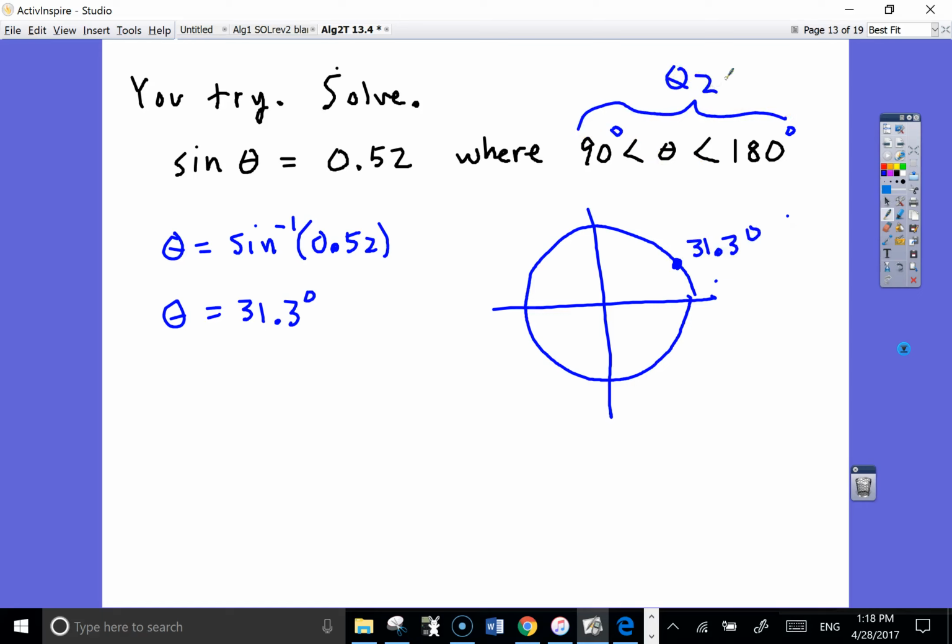So how do I find the place in quadrant 2, which is that same distance above the x-axis? You subtract 31.3 from 180. There's 180, right? You're going to go that way. So theta is 180 minus 31.3, which is 148.7.